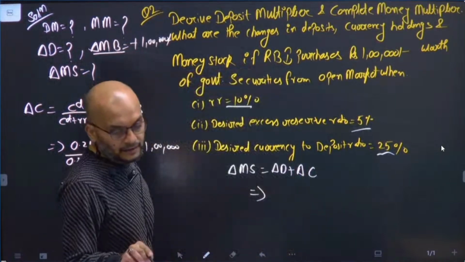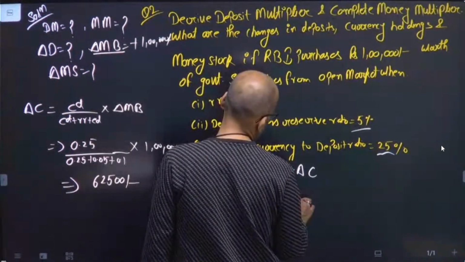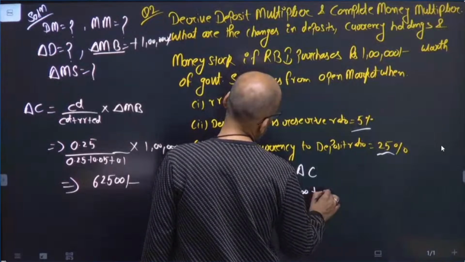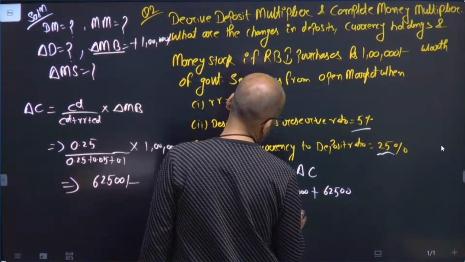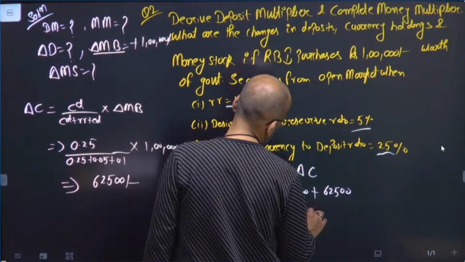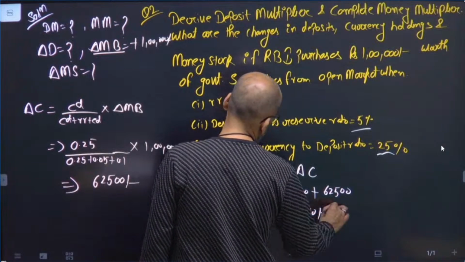Delta D was 2,50,000. Delta C was 62,500. So it will be 3,12,500. That's your change in MS. Understood? Please note it.